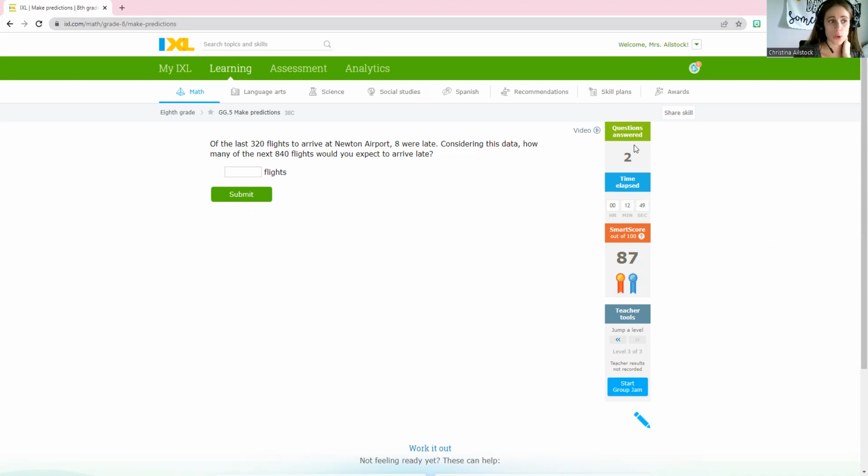So this is another one where we have an experiment that's been performed, or we've collected that data. And I can see here that there were a total of 320 flights. 8 of those 320 were late.